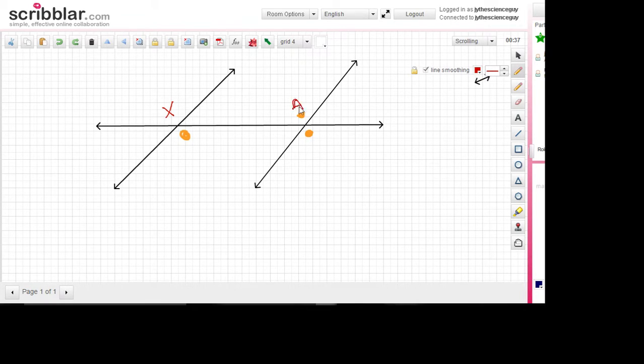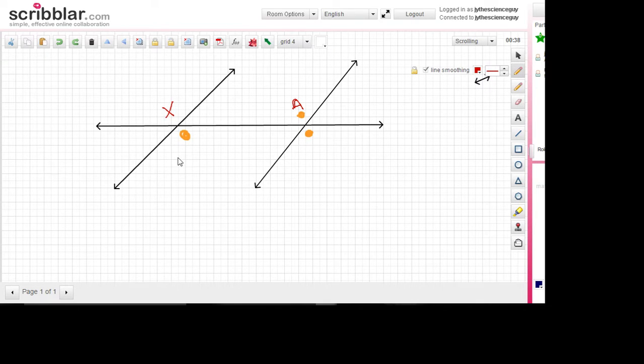So, if I call this A, what would be the name between those two angles? If one angle is x and the other angle is A, do you know the relationship between those two? Besides them being equal, do you know the name? What are they called? Oh, crap. Starts with a C? Corresponding. There you go. Yeah.